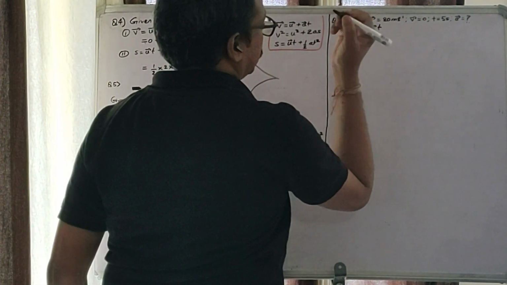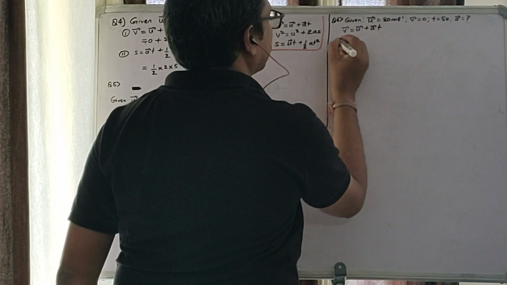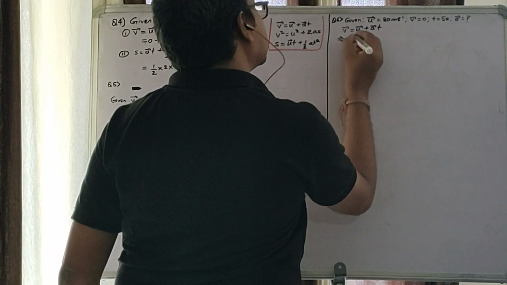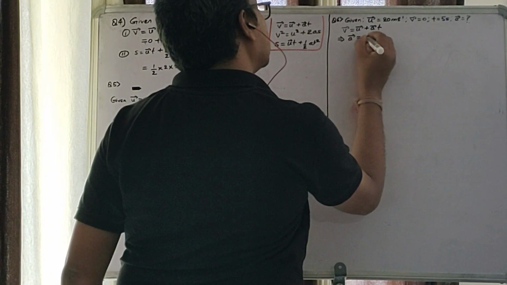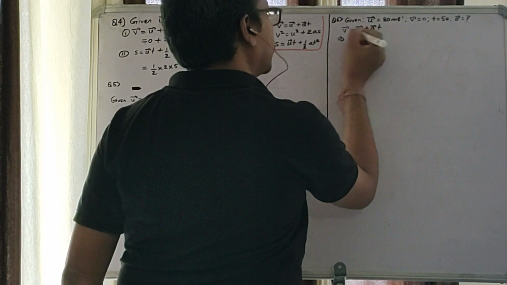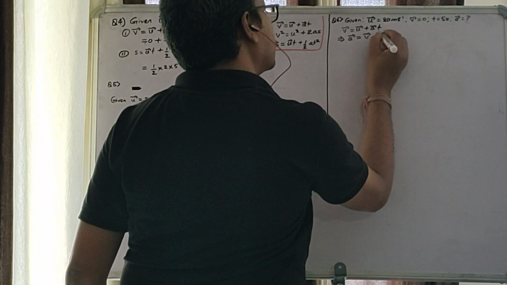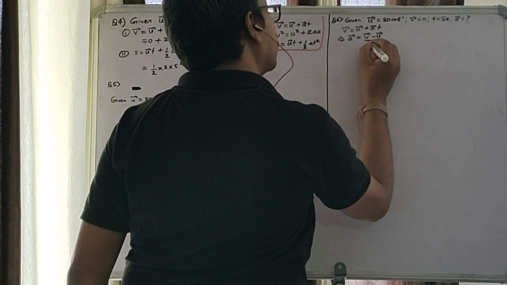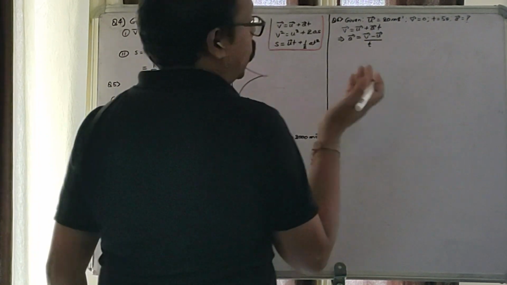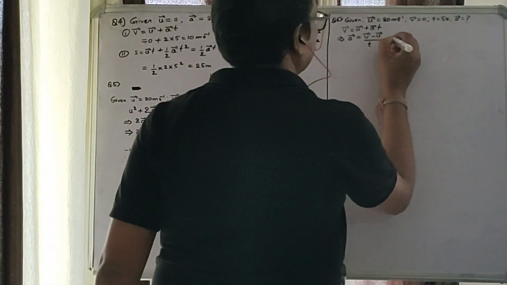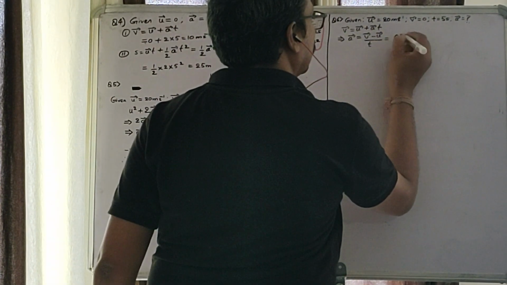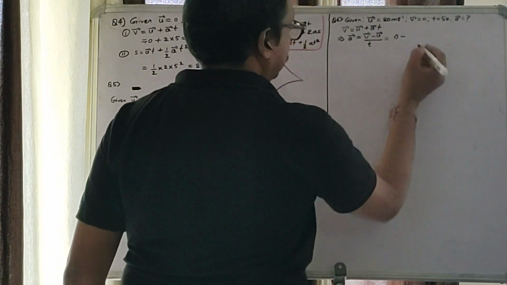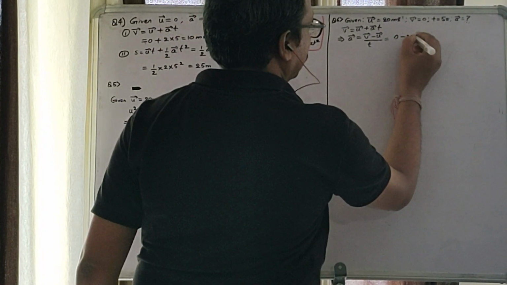From this can we say that acceleration is v minus u upon t? Simple. Do we have the value of v? Yes, 0. The value of u? Yes, 20.